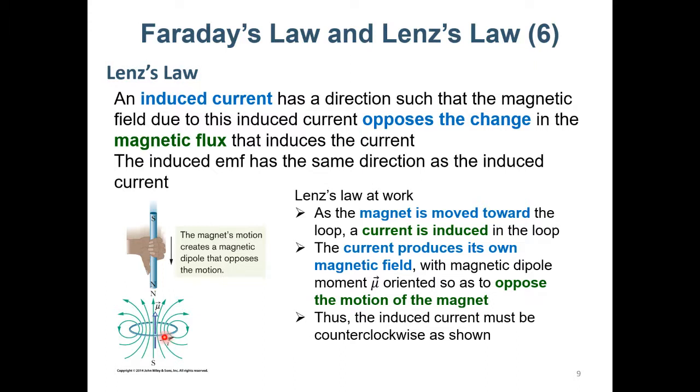So it tries to induce a magnetic field pointing upward, so that it will generate some magnetic field pointing to the top within the loop, so that it will cancel part of the change of the magnetic flux.